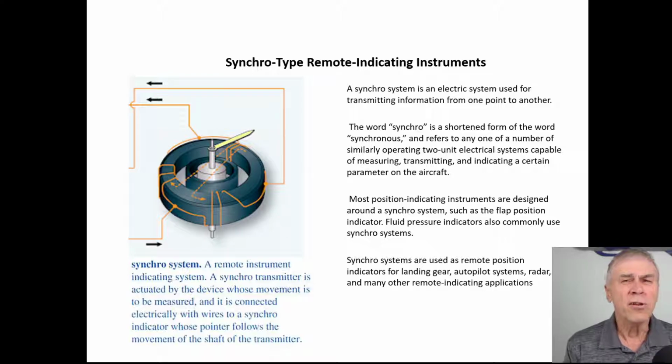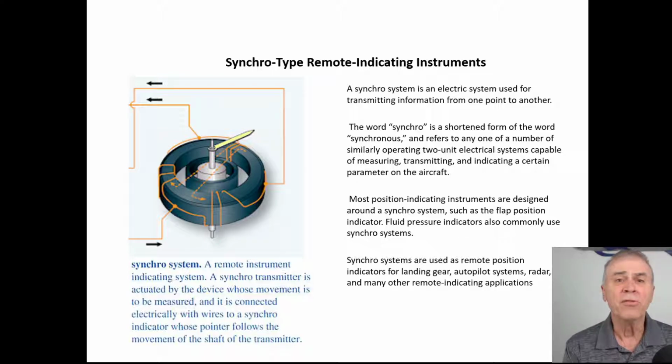I hesitated earlier. The word synchro is shortened from the word synchronous and refers to any one of a number of similarly operating two-unit electrical systems capable of measuring, transmitting, and indicating a certain parameter on the aircraft. The class is position warning.